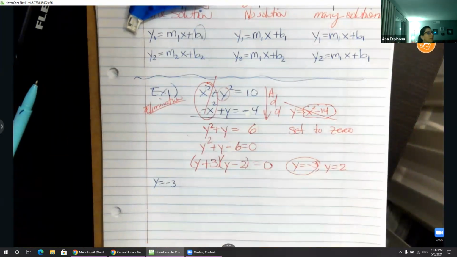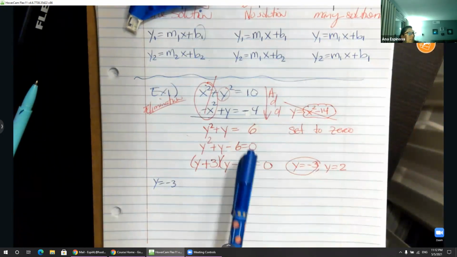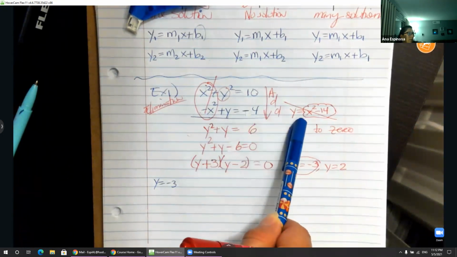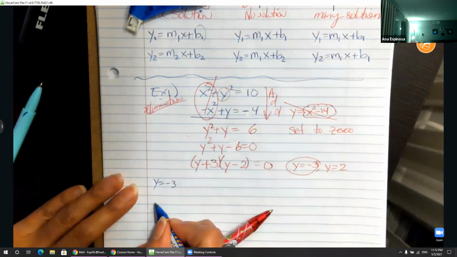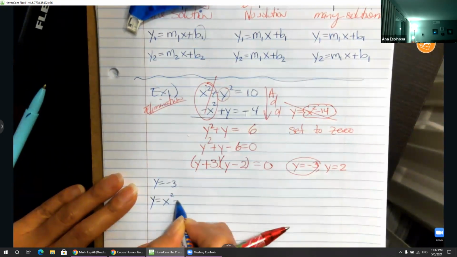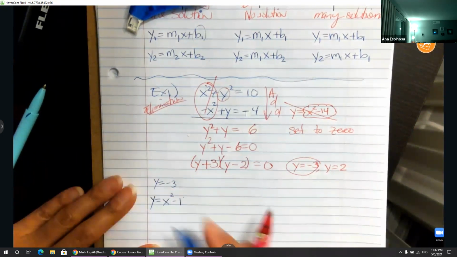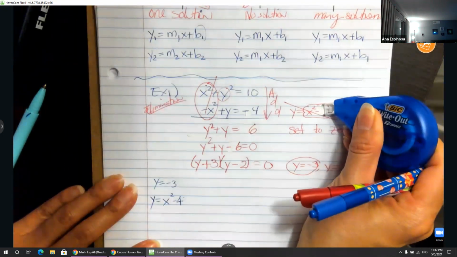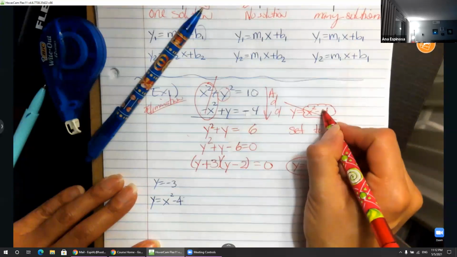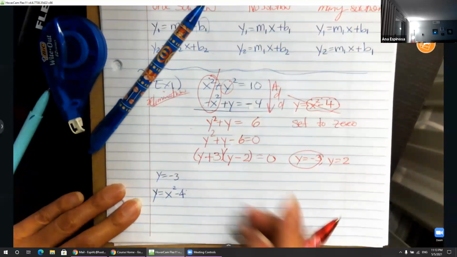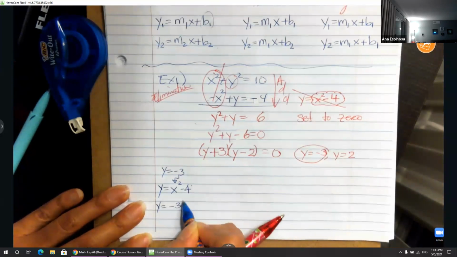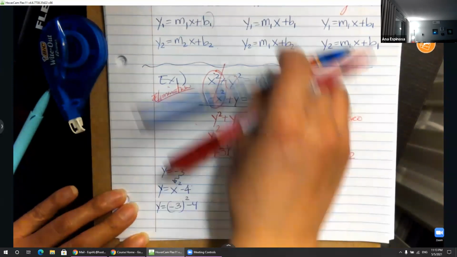So let's just think about this. Which one do I want to do? I can actually use this one. And I had already solved this for y, so I can just plug it in here. So that's y equals x squared minus, oh, see, it's a 4. I had put 14. Okay, so then that means that if I plug this in, make sure that you know that this negative 3 is being squared completely.